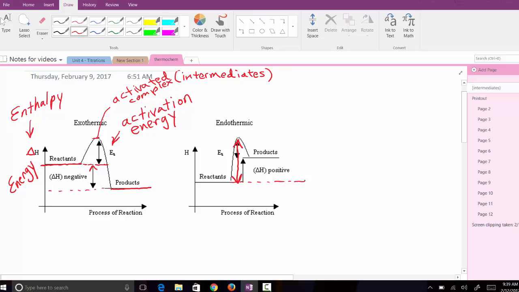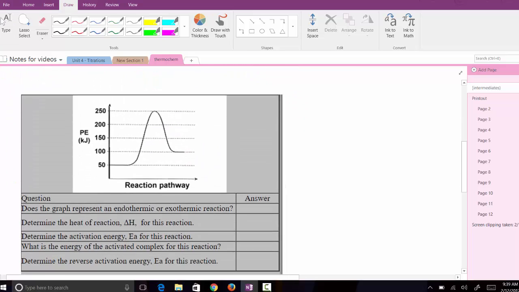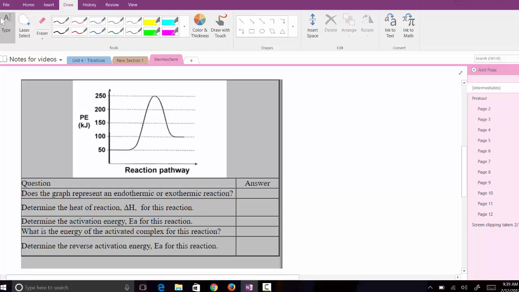All right, so let's look at some questions that you might see with these. First off, does it represent an endothermic or exothermic reaction? Well, here we look at the fact that the products are at a higher energy than the reactants, so this is going to be an endothermic reaction. And the delta H for the reaction is products minus reactants.